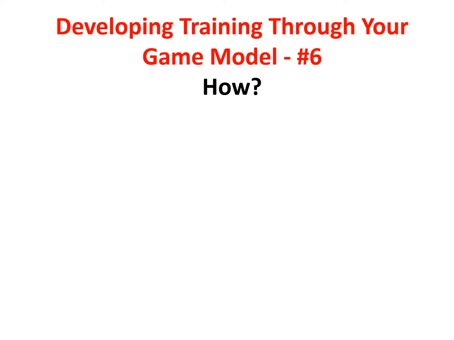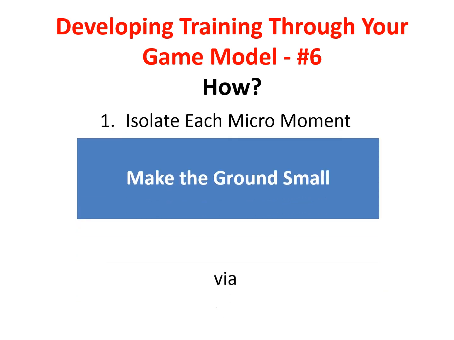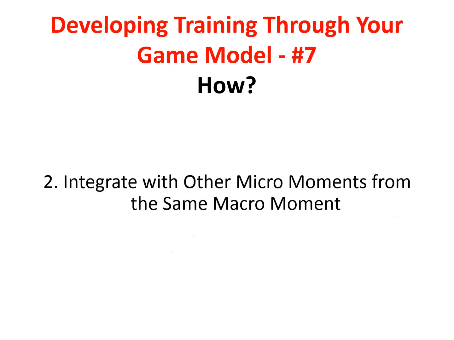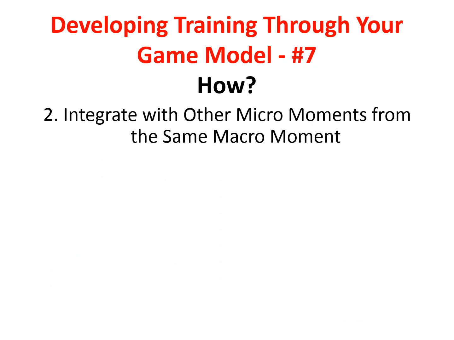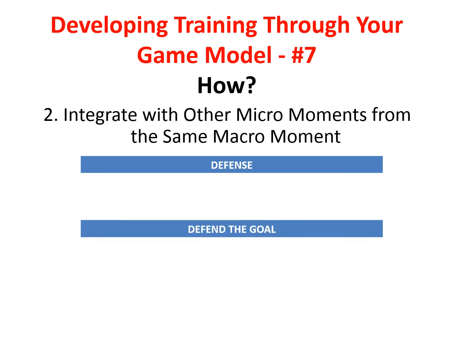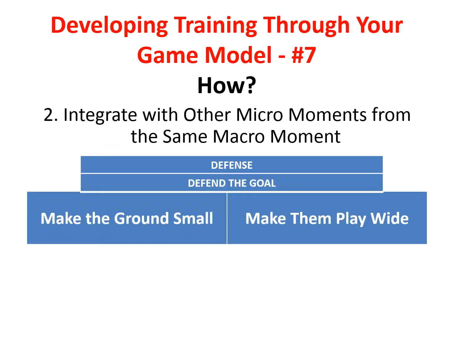For a moment of making the ground small, you will then progress that to integrate with other micro moments from the same macro moment. Okay, so we're going to stay with defence, we're going to stay with defend the goal. Now we might make the ground small and make them play wide.